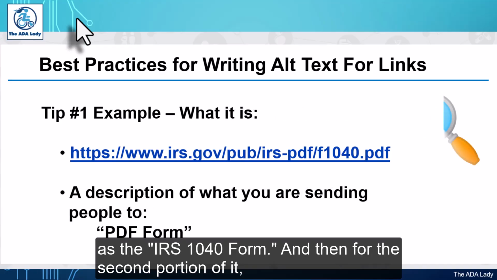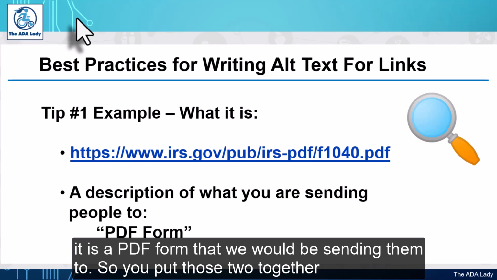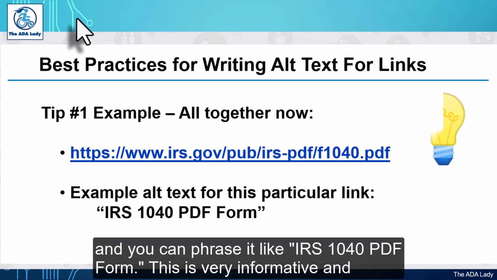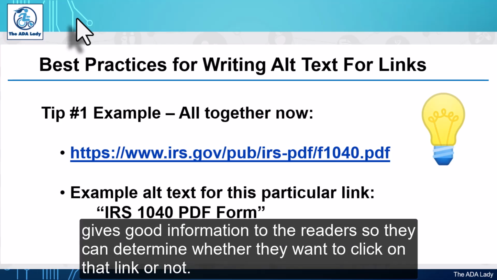And then for the second portion of it, it is a PDF form that we would be sending them to. So you put those two together and you can phrase it like IRS 1040 PDF form. This is very informative and gives good information to the reader so they can determine whether they want to click on that link or not.